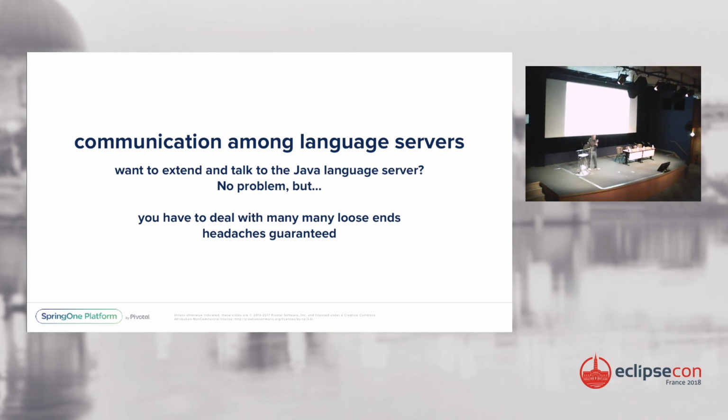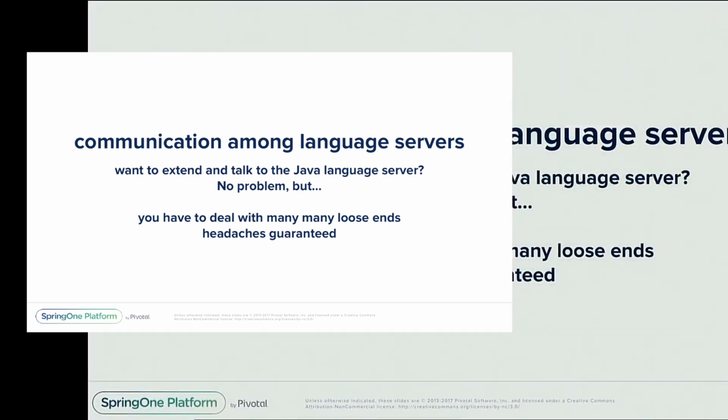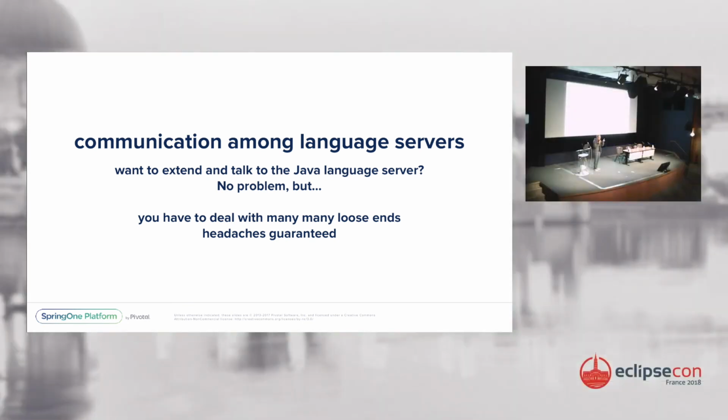So you implement an OSGI plugin that's an extension to the Java language server, and you can put that into the Java language server with a specific mechanism, which is not really standardized, but there is a mechanism. Then your plugin inside of the JDT language server sends commands to the client, and you can tell the client to send the commands back to you, and then you can do stuff with that.